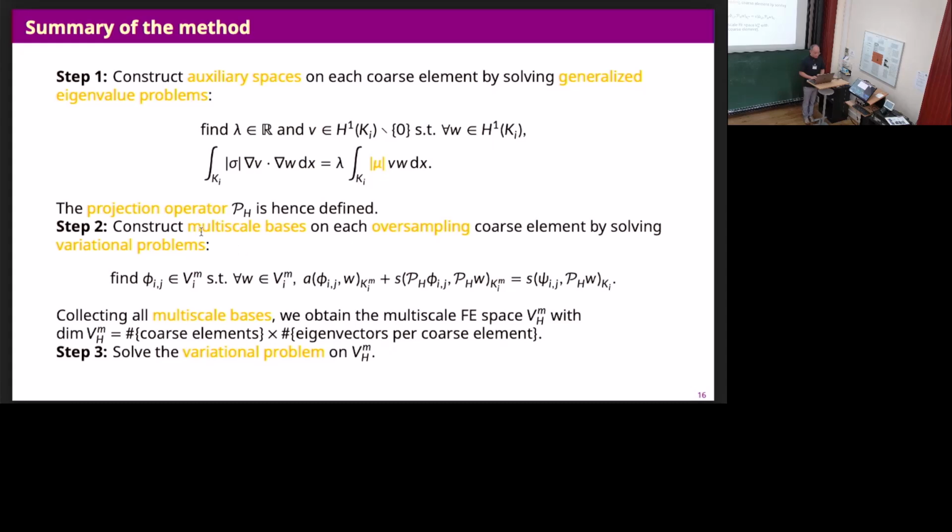Using this operator PH, we can solve this local variational problem on the oversample domain to get the multiscale basis. Then we collect all the multiscale bases to form the multiscale finite element space VHM, and this M means the size of the oversample domain. And then at the end, we use this space to solve the PDE. This is the summary of this method.